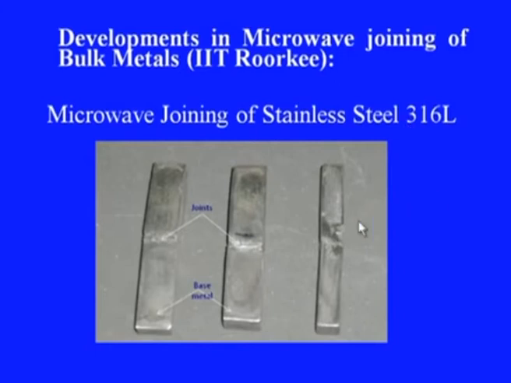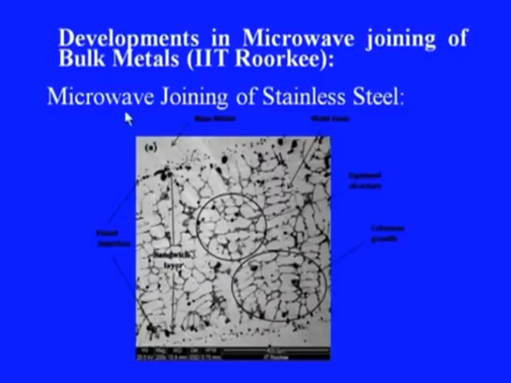These are 316 stainless steel. They are being joined in the microwave processing laboratory by using 2.45 gigahertz microwave. So, this is the joint zone, we can see the joint zone. This is the base material and this is the base material, say stainless steel.